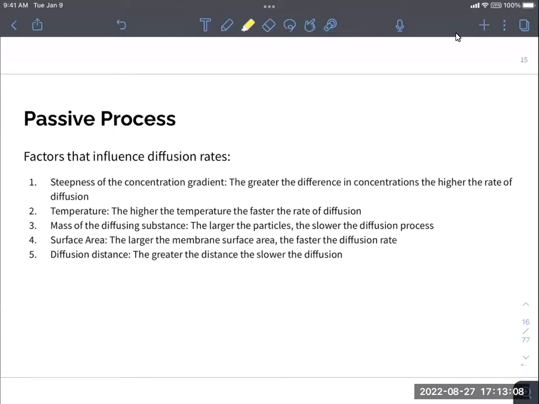We also have to look at the surface area of the membrane. If that surface area is a lot larger, diffusion will happen faster because there's a large area to be covered. But the greater the distance that particles need to move during diffusion, the slower the diffusion.